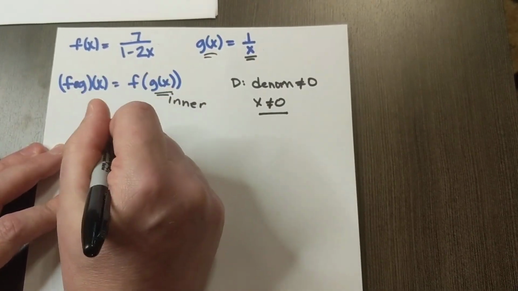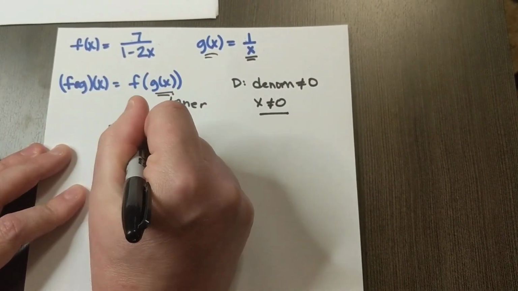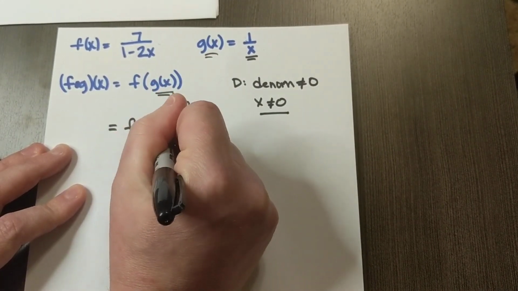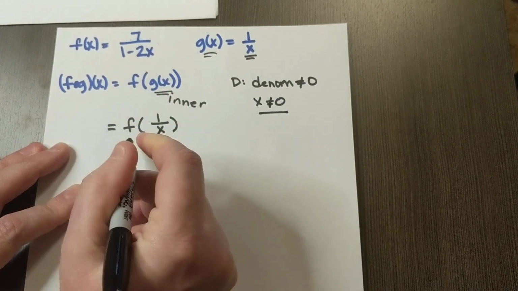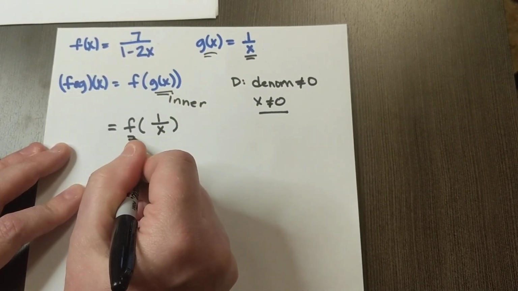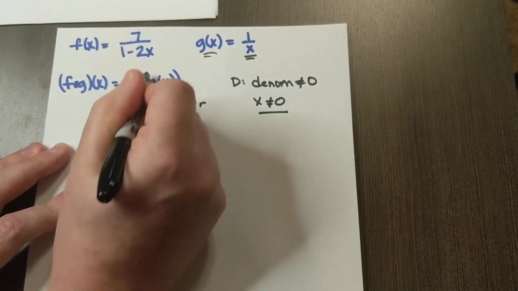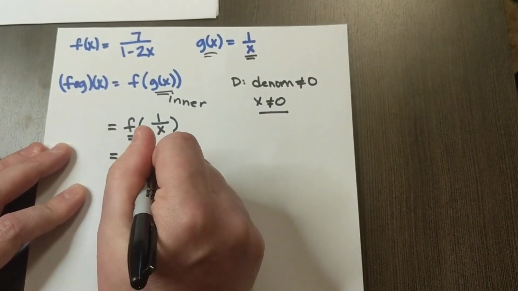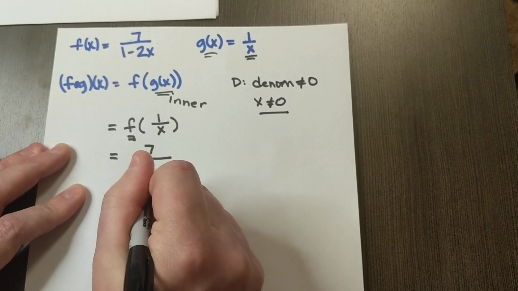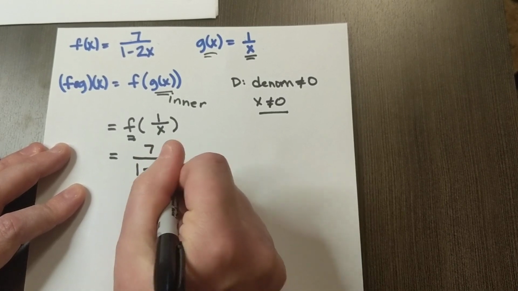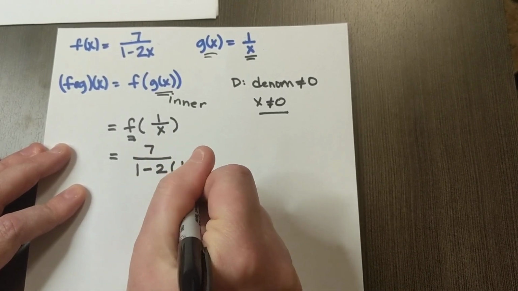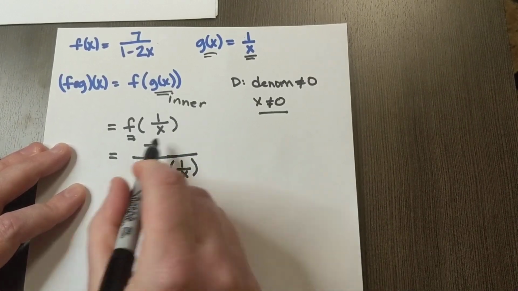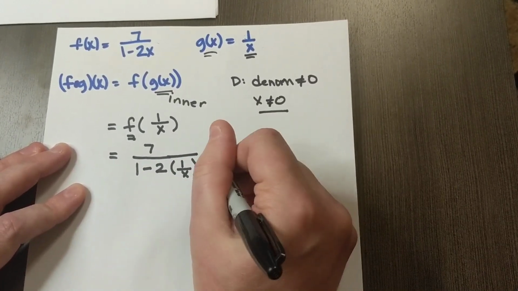All right, now we find our composition. To do that, we're going to put g of x in here. It's 1 over x. And then we go to our other function, f, and put 1 over x in for x up here. So that looks like 7 divided by 1 minus 2 times, plug in the 1 over x. Then we simplify this a little bit.